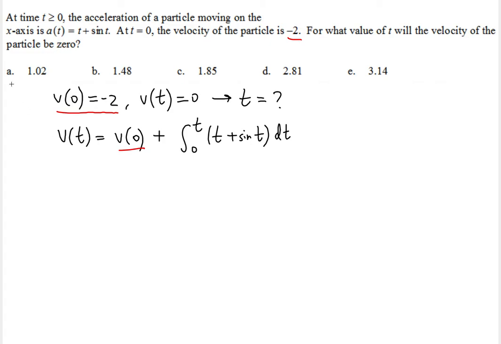So let's substitute this value with 0, the initial velocity with -2, and then determine the definite integral.